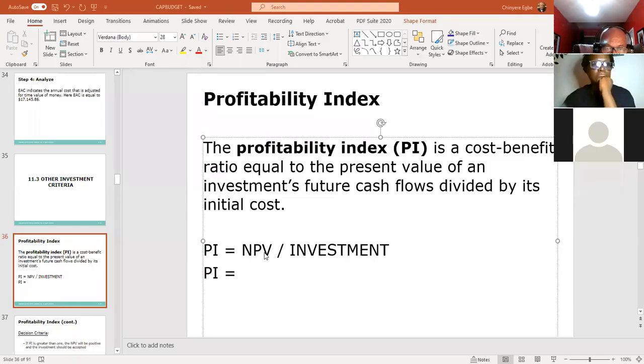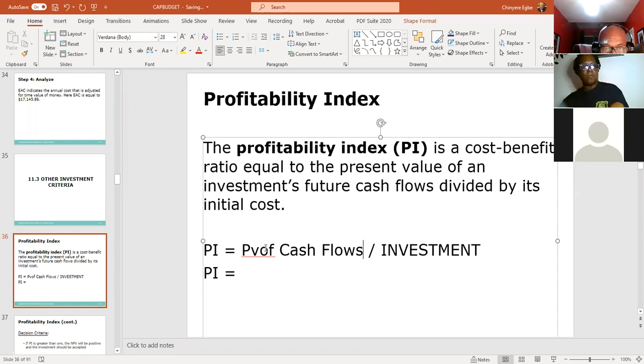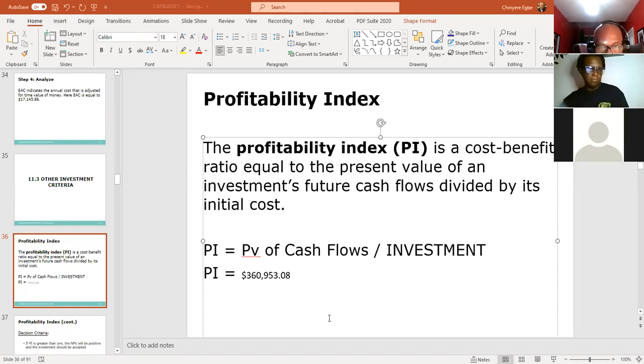Okay, this is not NPV, this is the PV of cash flows. That is the PV of all cash flows divided by the investment. And so in that case, we would have had the numbers, $360,000 over $250,000.